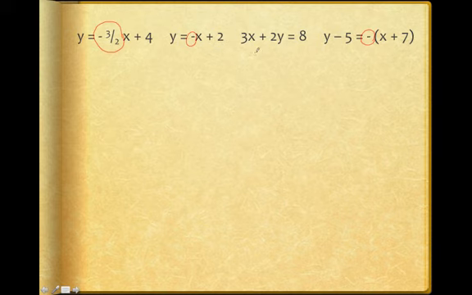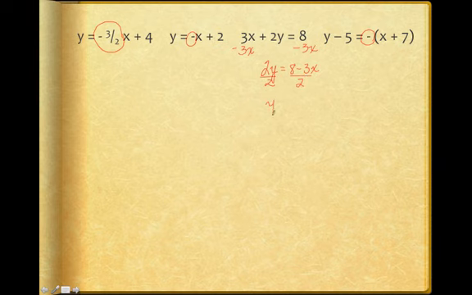So here I've got an equation in standard form. I'm going to need to put this into slope-intercept form in order to determine what my slope is. So I'm going to start by subtracting 3x from both sides. I get 2y equals 8 minus 3x. I have to divide everything by 2.